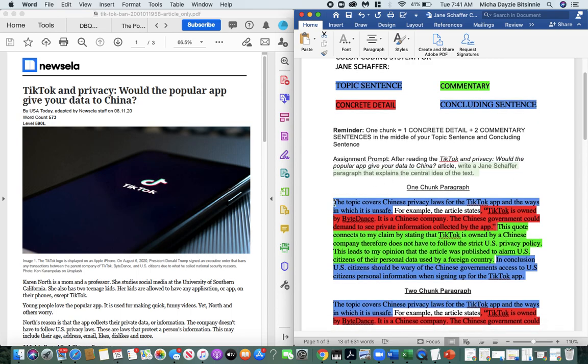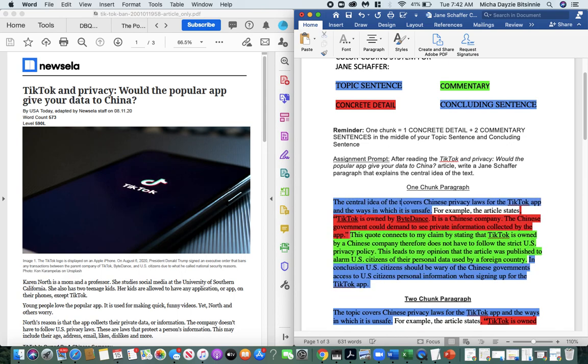Now, to start off, you always need a topic sentence. So this student said, the topic covers Chinese privacy laws for the TikTok app and the ways in which it is safe. So I would probably put in here, the central idea of the text covers, I would put is about Chinese privacy laws for the TikTok.